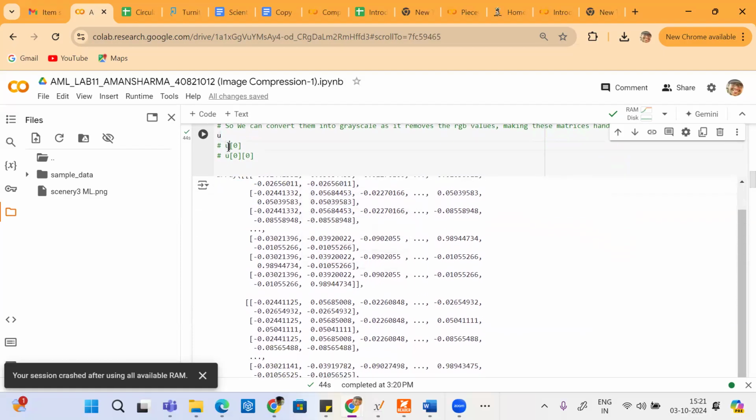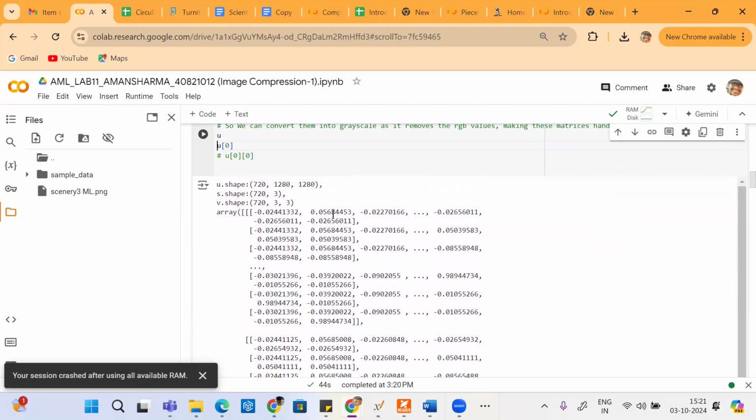First row. So these are some RGB values, which have a specific range to represent a particular color. Yeah, 0 to 255.